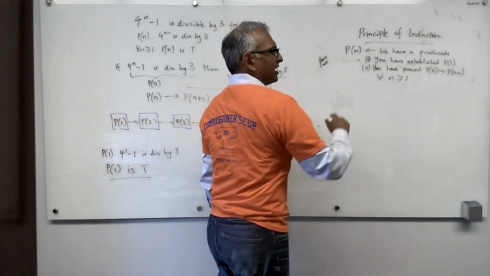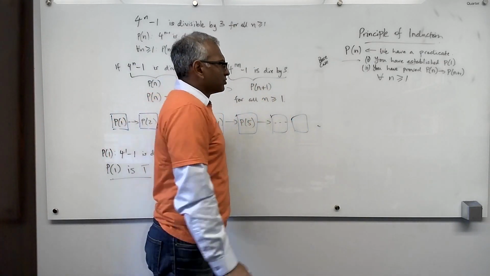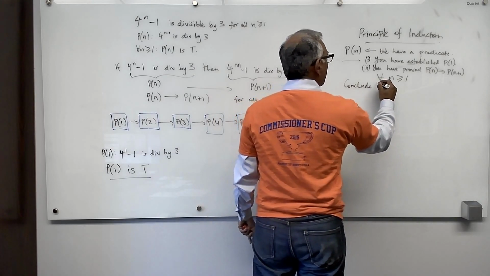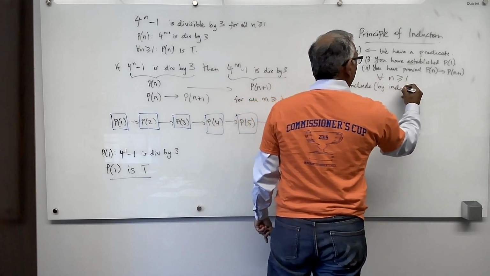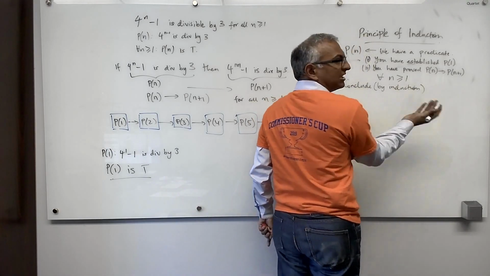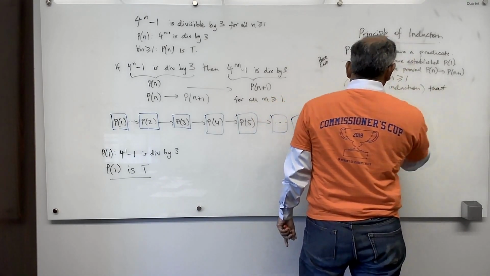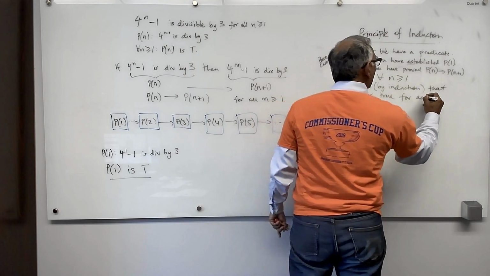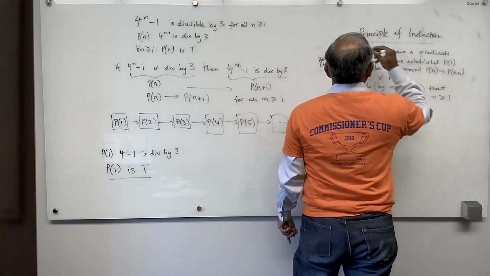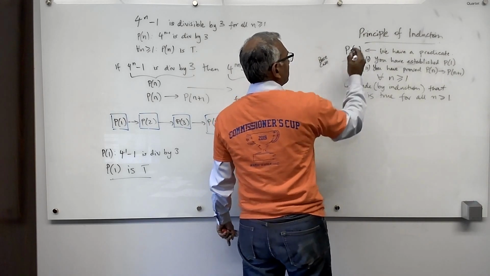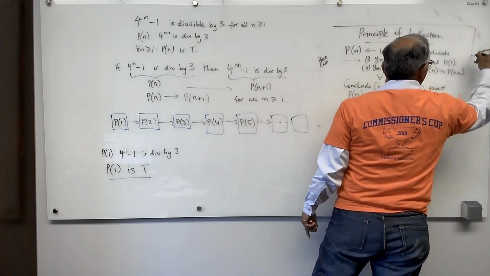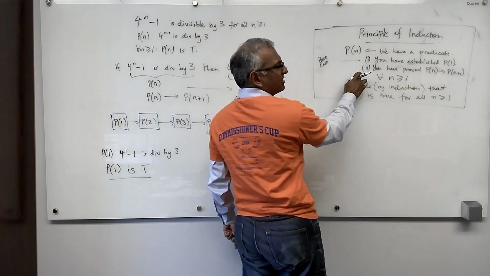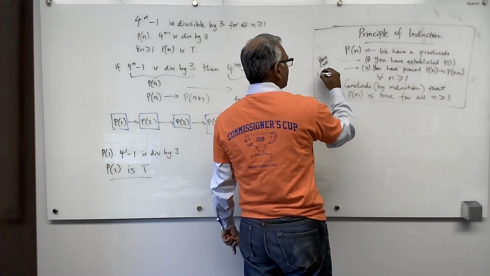So what the principle of induction allows you to now do is to conclude by the principle of induction that P of n is true for all n greater or equal to 1. That is the principle of induction. Usually establishing this second step here is called the induction step.